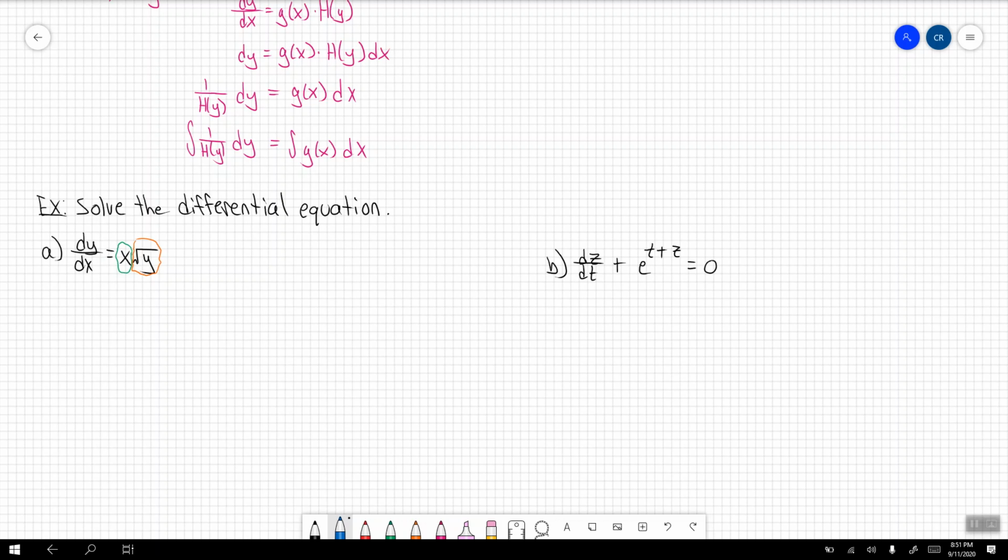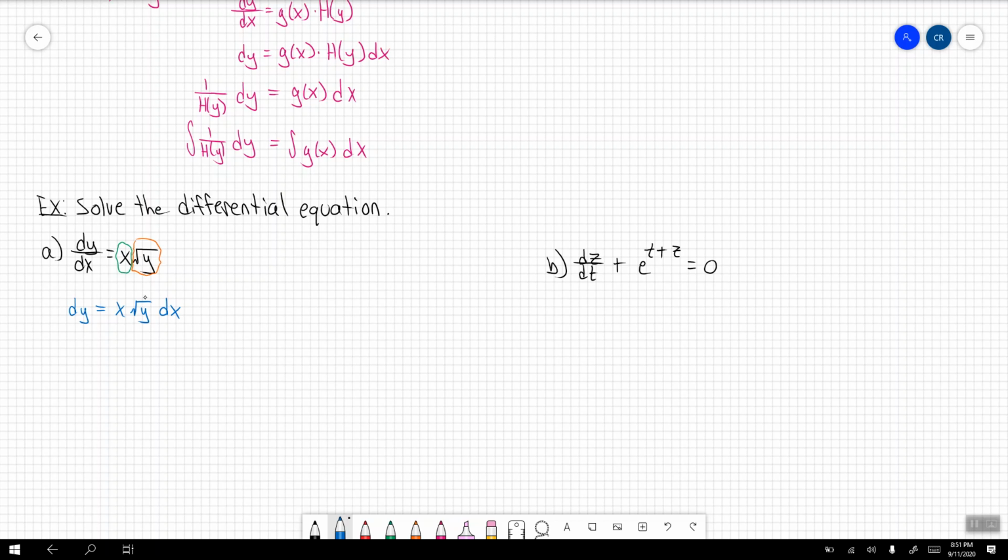And in this particular case, we can separate the differential to say that we have dy is equal to x times the square root of y dx. Notice, my differential for dx is on the right-hand side. Naturally, I want to keep my variables for x on that right-hand side.